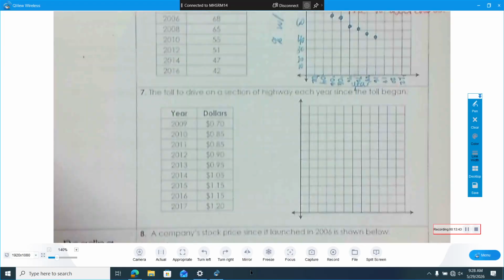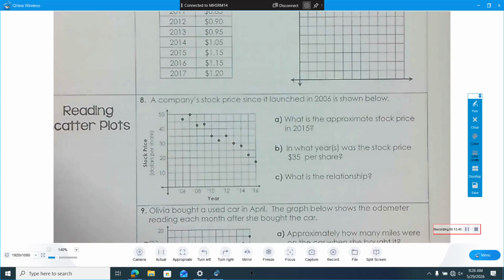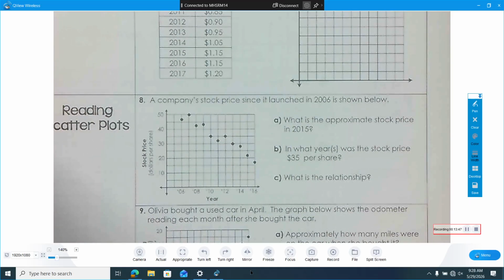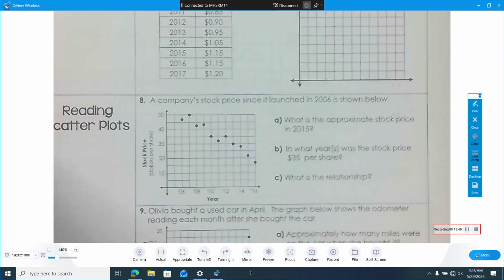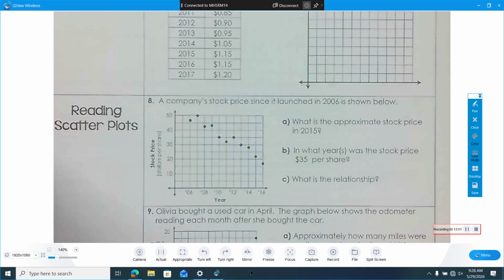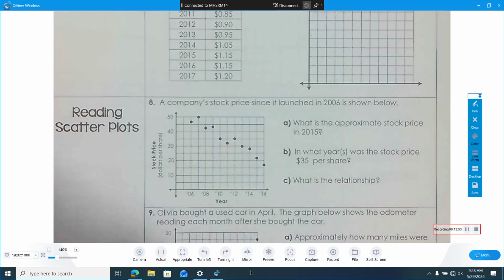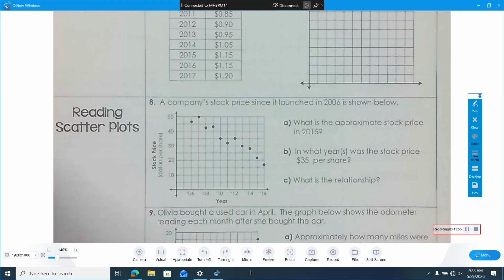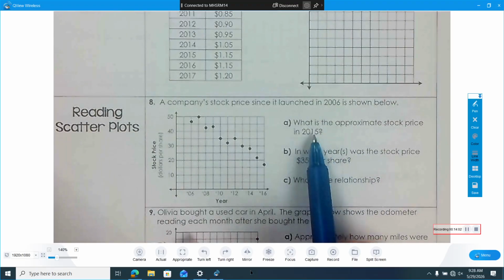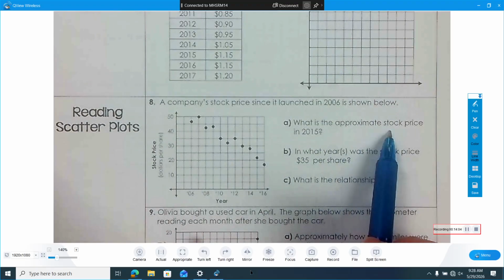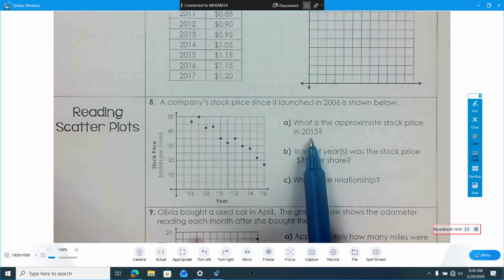All right, so move down to the bottom here. We want to answer a couple of questions. They're really easy. A company's stock price since it launched in 2006 is shown below. What is the approximate stock price in 2015?